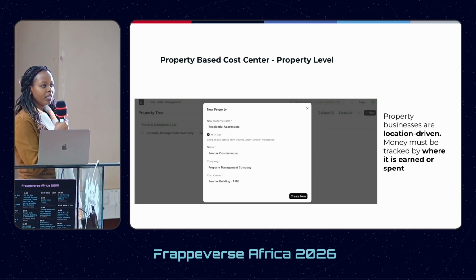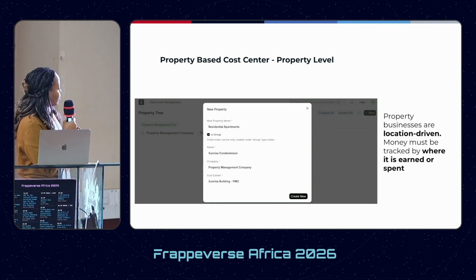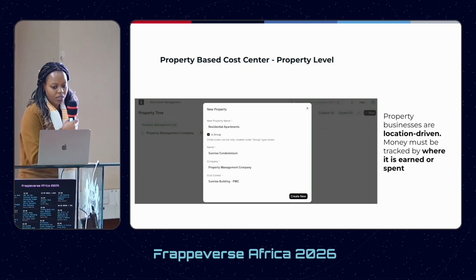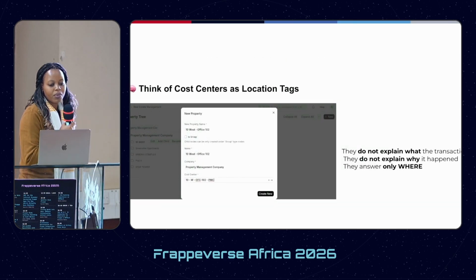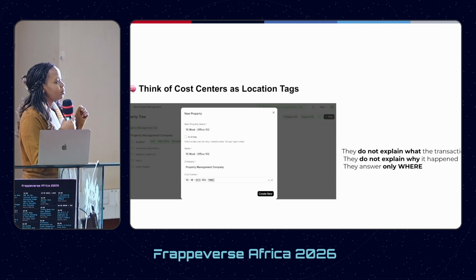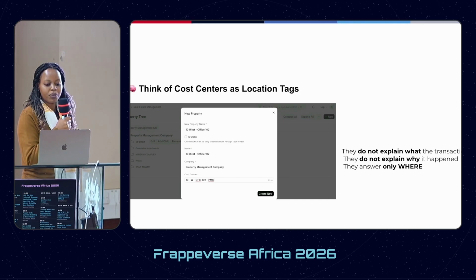Whether it's a shop, an office, or a store, it will have its own cost center, and we can link all transactions and monitor the growth via the cost center. So we think of cost centers as location tags that answer the question: where?